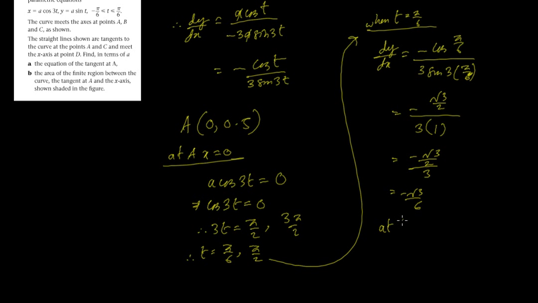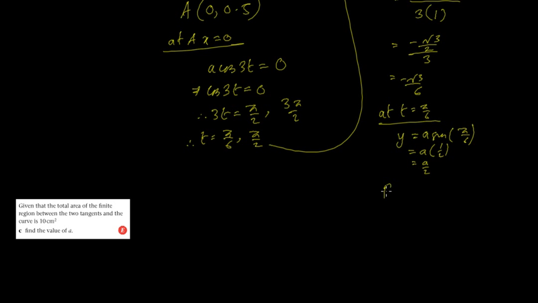At t equals pi by 6, we know x will be 0, so we have to find the value of y. y equals a sine t, so a sine pi by 6, which means a sine 30 degrees. Sine 30 degrees is half, so a by 2. So the point has x coordinate 0 and y coordinate a by 2.